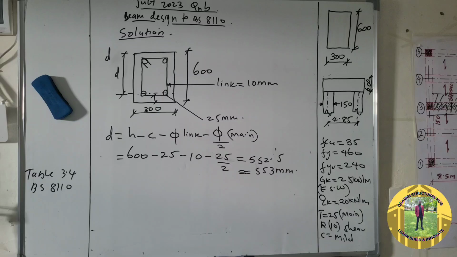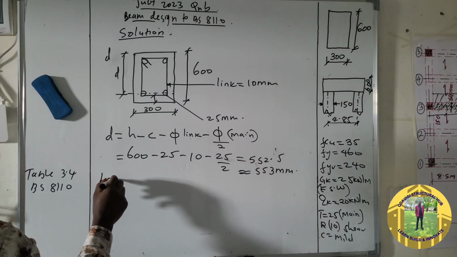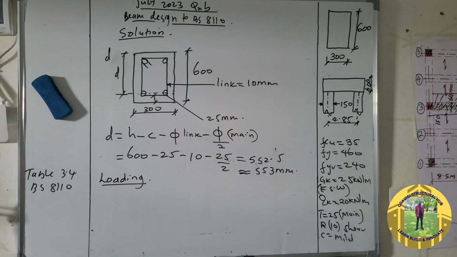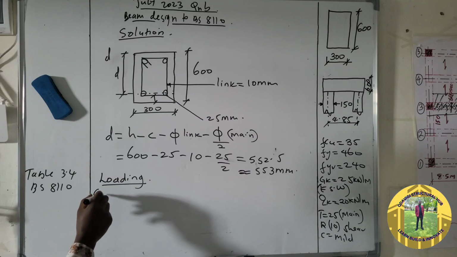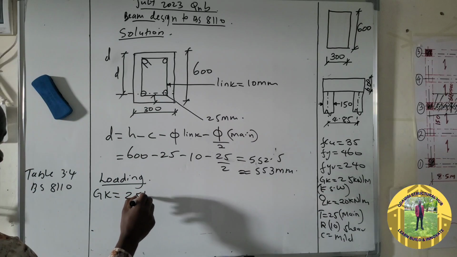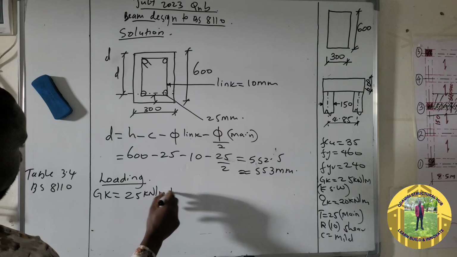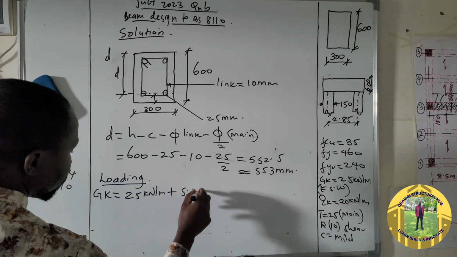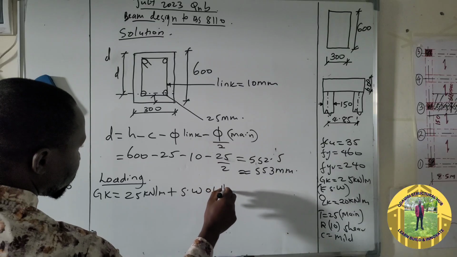We now proceed to loading. So we have the dead load, which is GK. GK is equal to 25 kilonewton per meter plus the self weight of the beam.